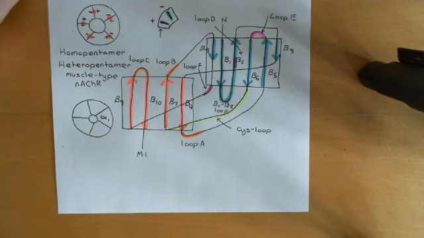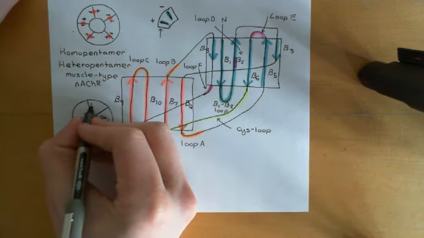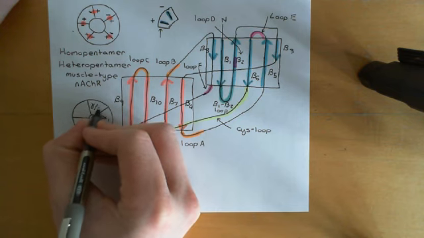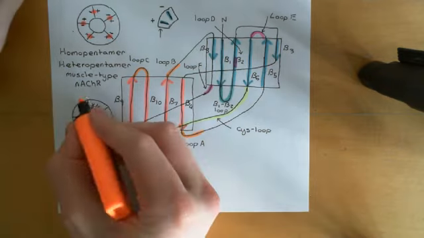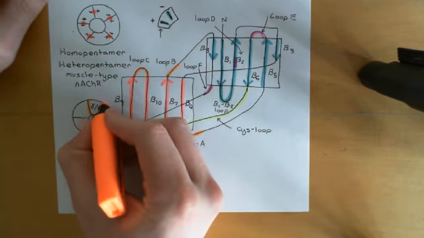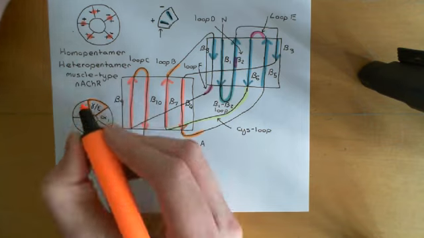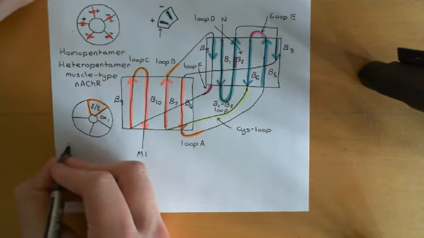Then after this, you'll have either gamma or epsilon, depending on whether we're talking about the fetal muscle-type nicotinic acetylcholine receptor or the adult one. This is an important point. If you are a fetus, you will use the gamma nicotinic acetylcholine receptor subunit here, and if you're an adult, you will use the epsilon subunit here.